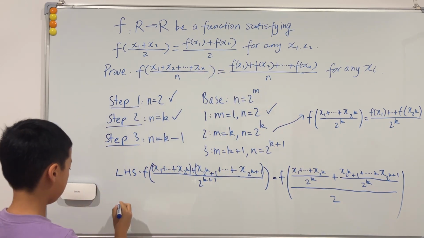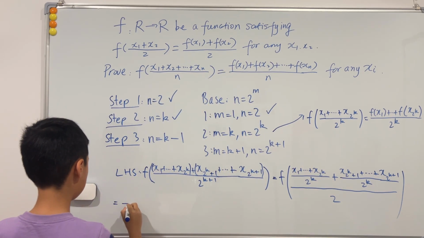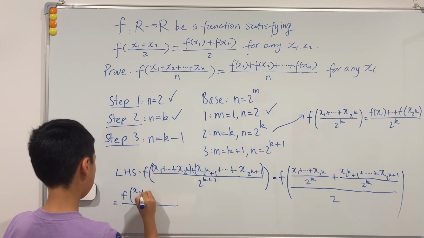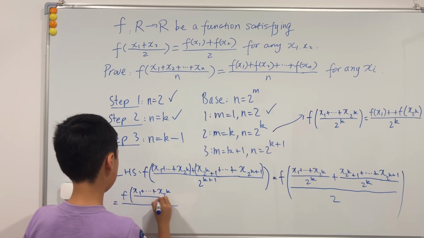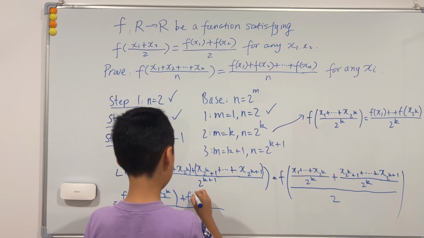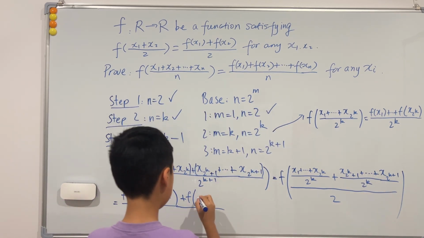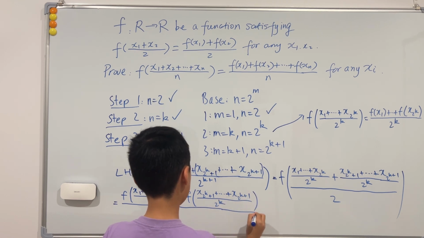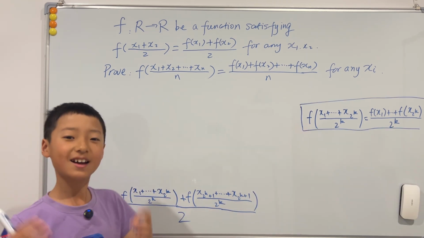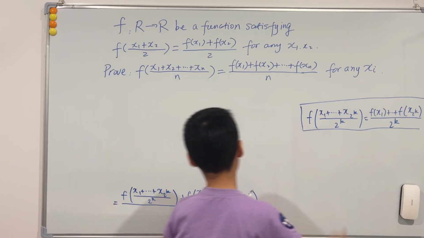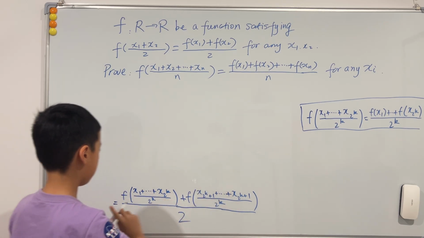So if I write it down here, then the top will be f of this, and then we add f of this, and then we over 2. Okay, now that we have this, I'm going to use this formula to change this and this.